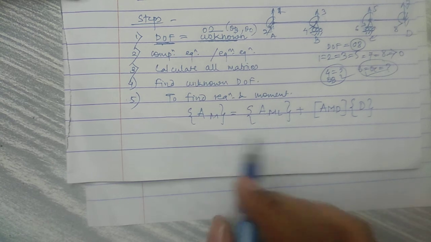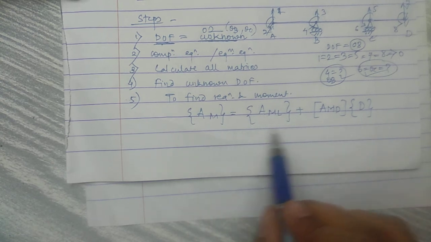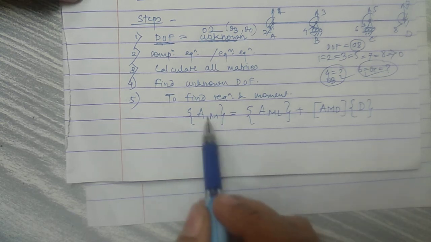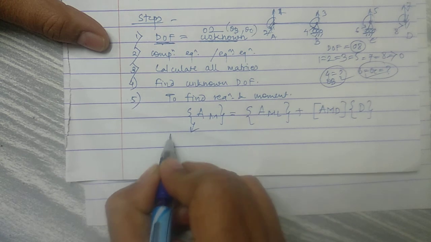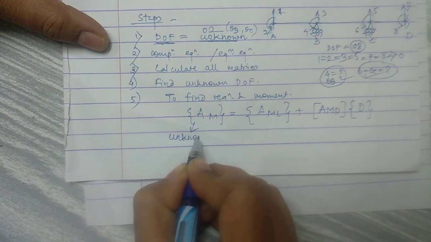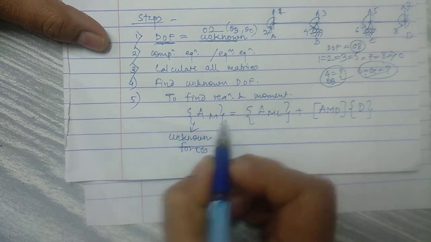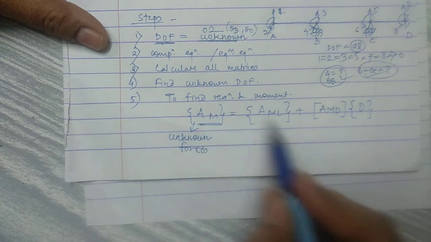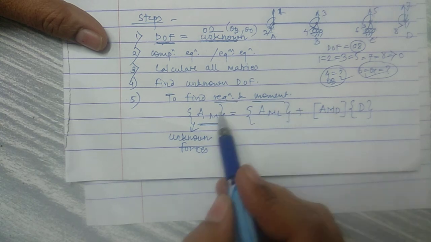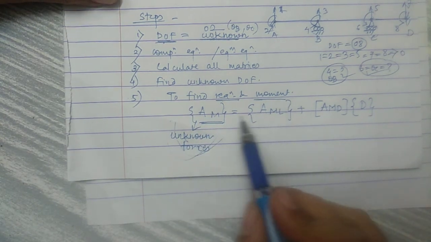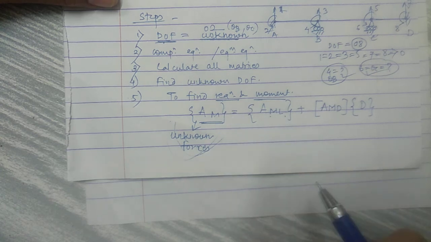This equation is just the matrix form of the slope deflection equation. This AM contains all the unknown reactions and moments, the unknown forces, so those values will be in this matrix, equal to AML.